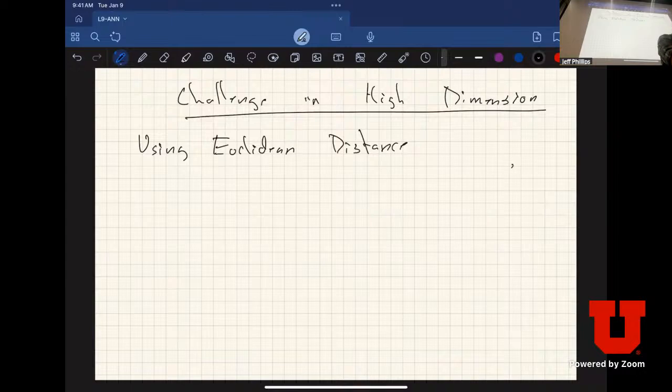I've been drawing these pictures where you have a query, and I want to find a circle so that there's exactly one data point inside the circle.